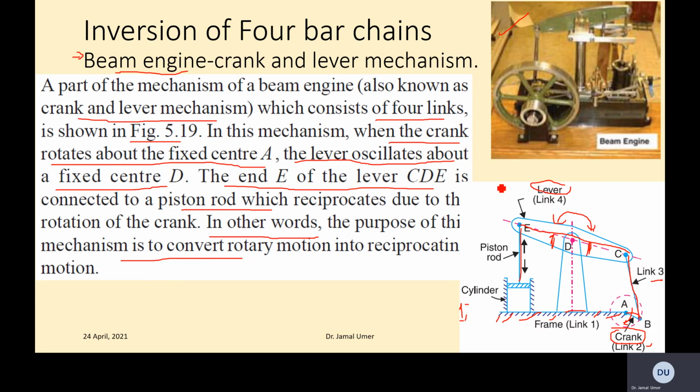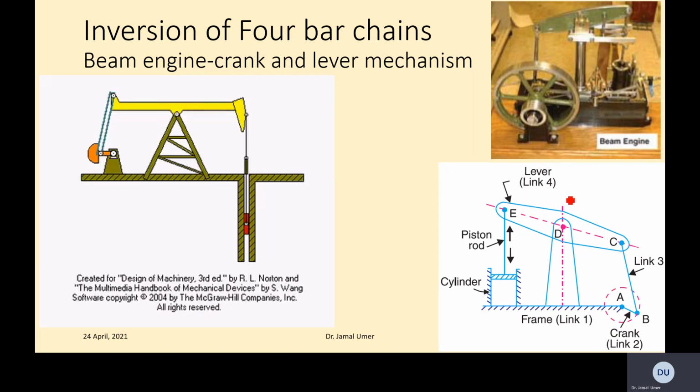I'm quite sure you might have seen this beam engine in the oil and gas sector, where for oil exploration we need quite high pressure to get oil from the ground, and these kinds of oscillations or beam engines are used for such purposes. We also have one of the animations here, which would help you to have better visualization.